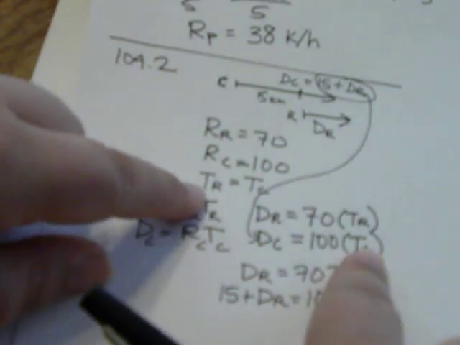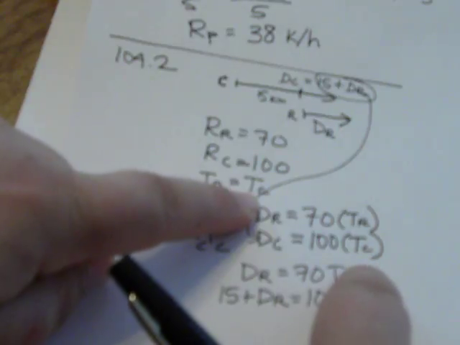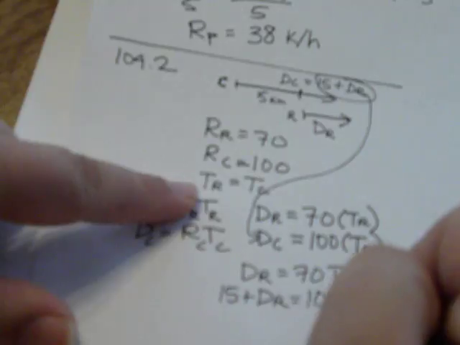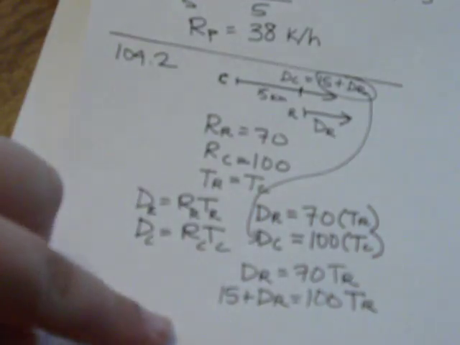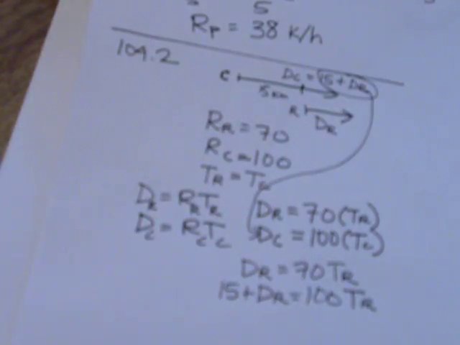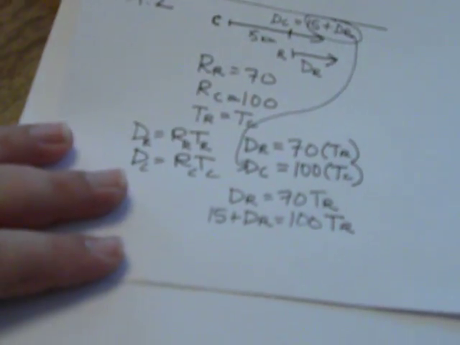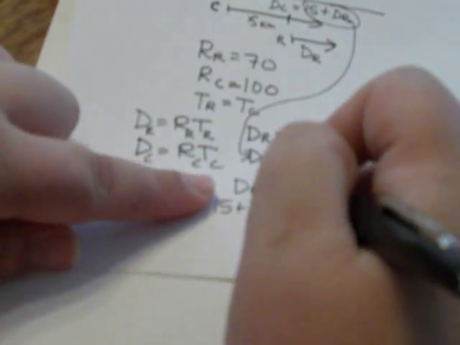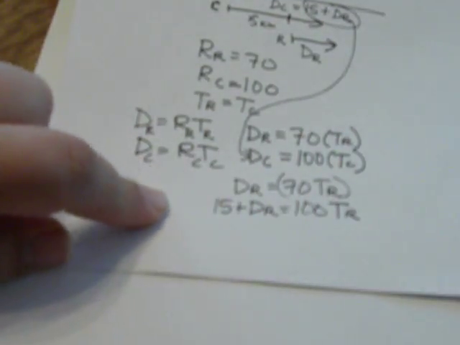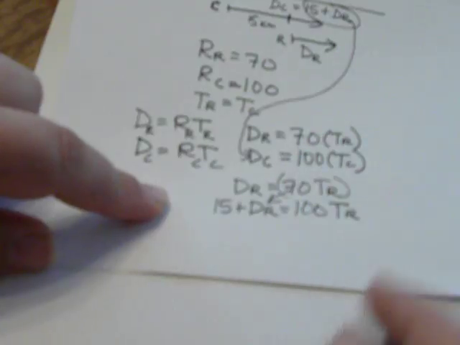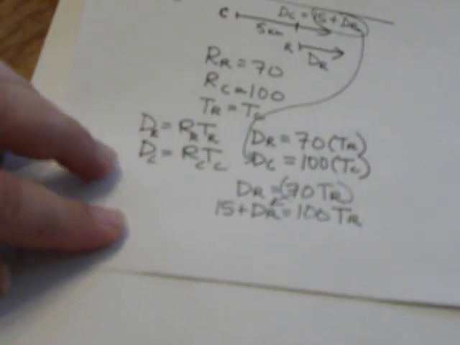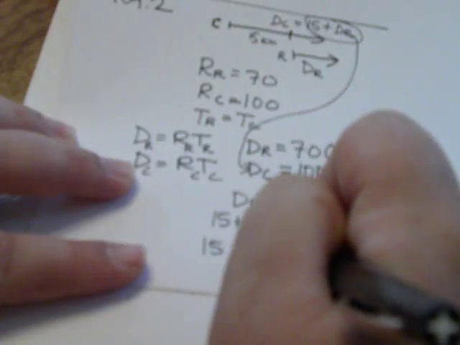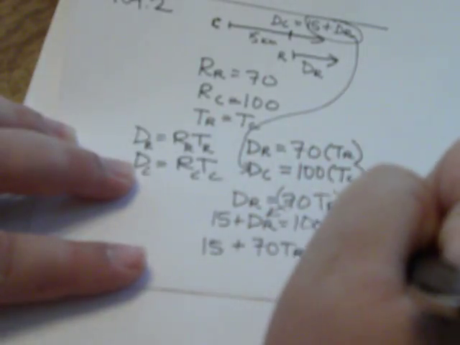Since T sub R is equal to T sub C, and we're putting everything in terms of Rachel, I'll just put this as T sub R. Since D sub R is equal to 70 T sub R, I'm going to plug that in here. Then we get 15 plus 70 T sub R equals 100 T sub R.